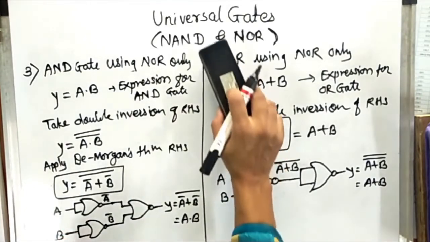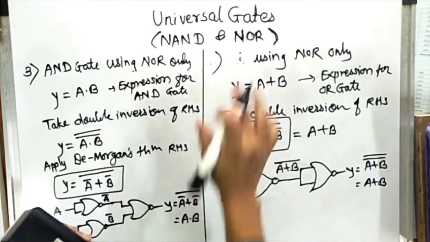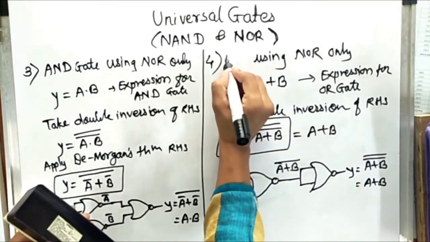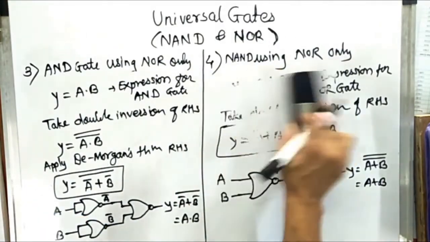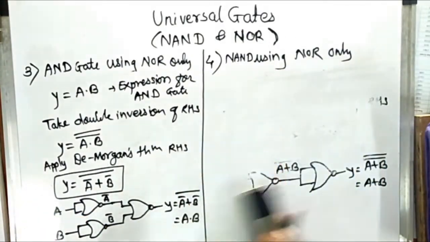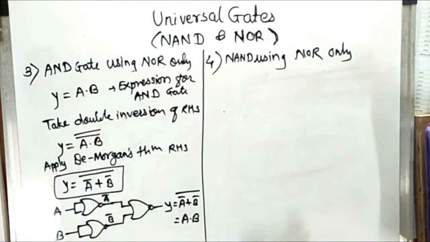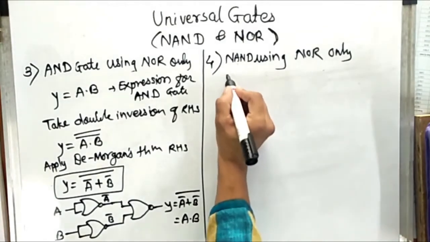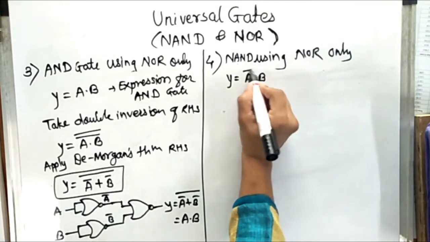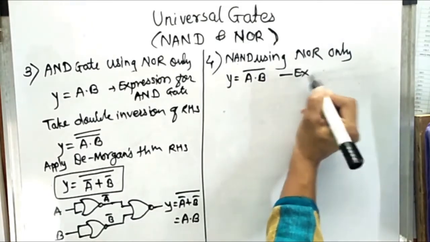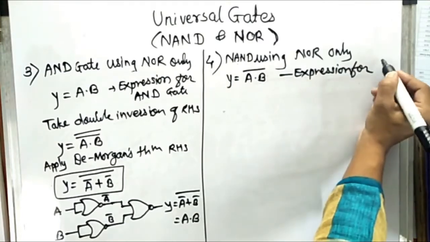Now the fourth gate that we can construct using NOR is the NAND gate. NAND gate can be constructed using NOR only. Now what is the expression for NAND? Y equal to A and B complement. This is the expression for NAND.